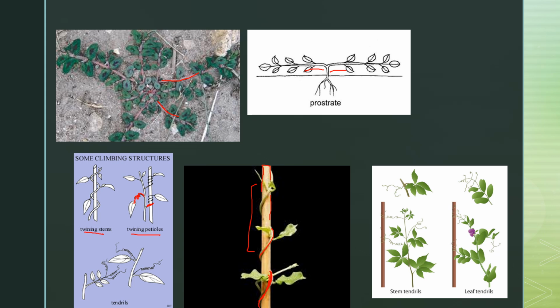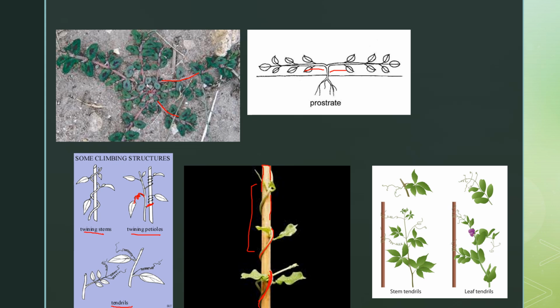And also here, these are the tendrils of the stem. There are differences between the leaf tendrils and the stem tendrils. You know the leaf can get modified to be tendrils, so it's called leaf tendrils, like this one, the picture on your right hand.